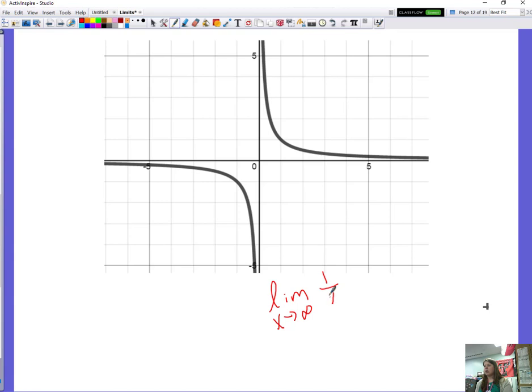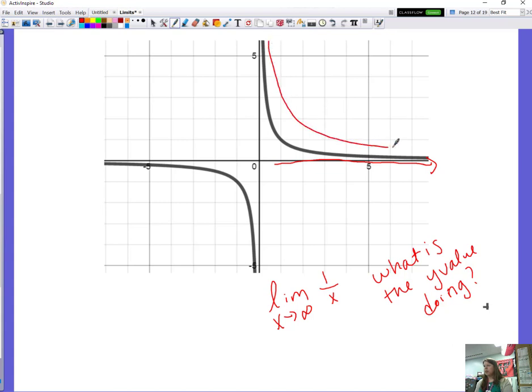of 1 over x. The equation we're talking about is a rational function, 1 over x. As we approach positive infinity, we want to think about what the y is doing. As x gets bigger and bigger, what is the y value doing? The y value is decreasing, but it's not decreasing forever.